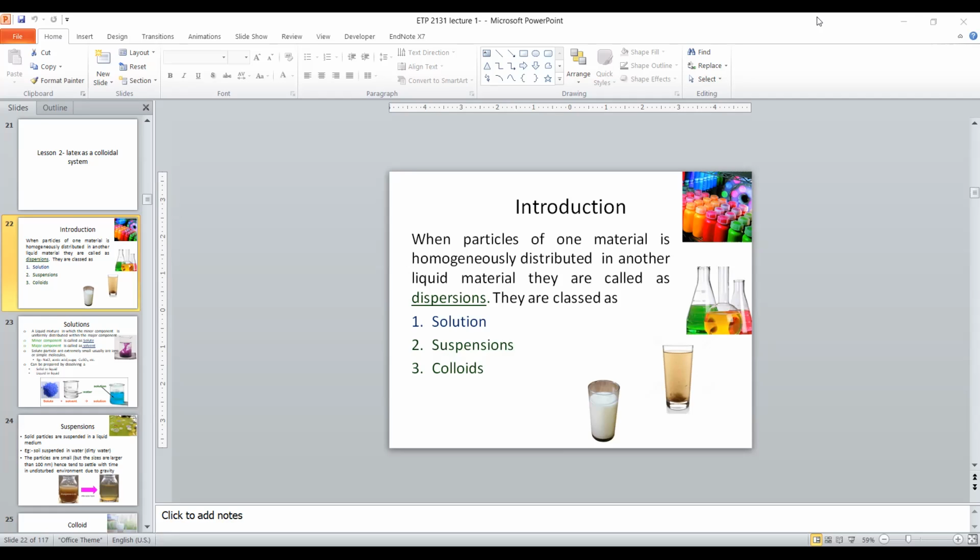Okay, I will give the first chance to the group. Dinoshi, Minoshi, Pasindu, Chamira. Four people.